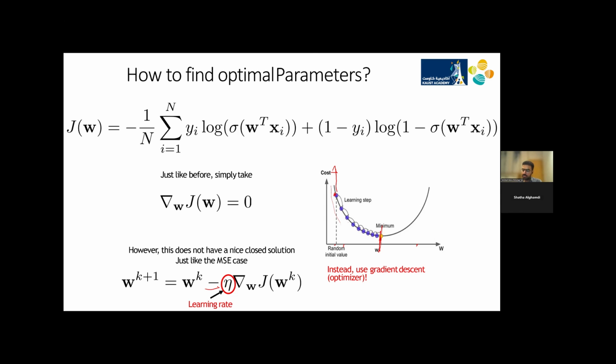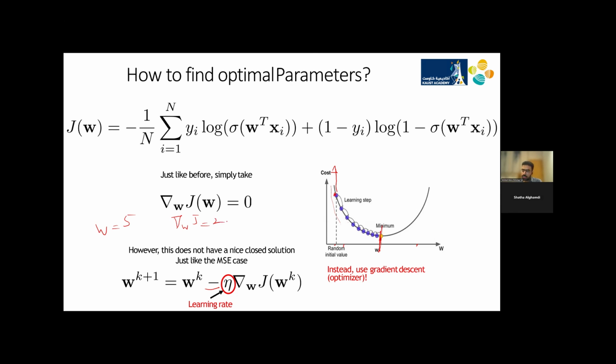So let's say our previous W was 5. For this particular W, we took the derivative of the cost function, and let's say the derivative of the cost function was something equal to, let's say, 2.